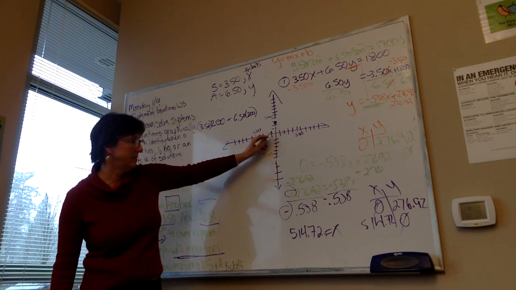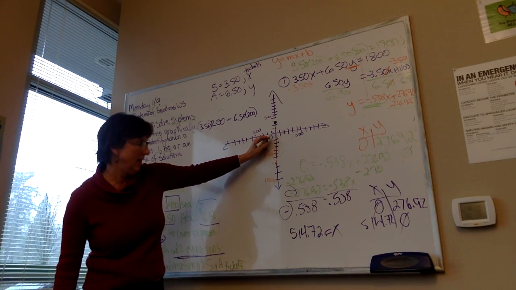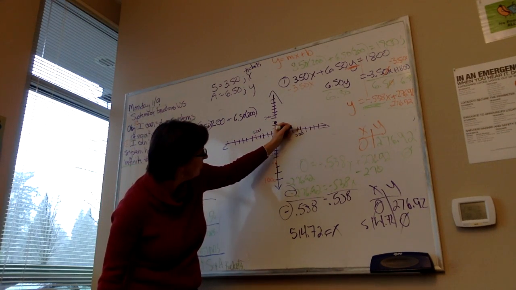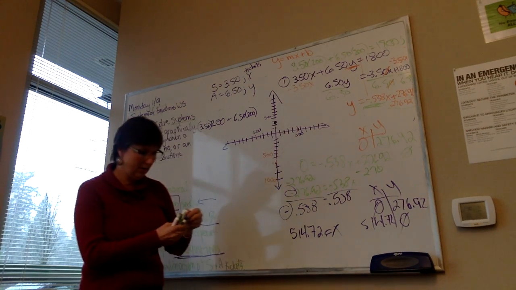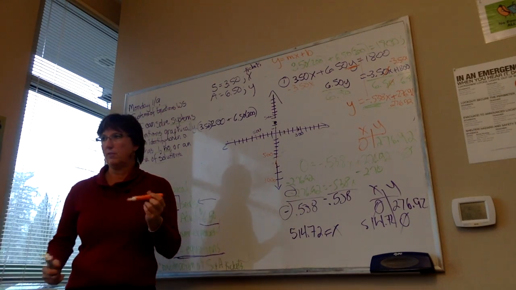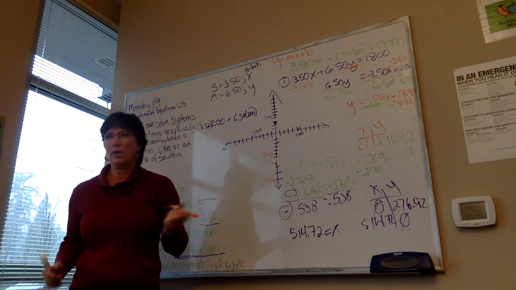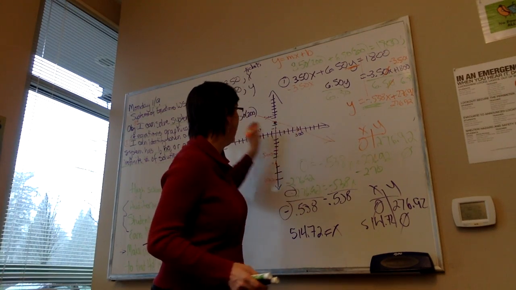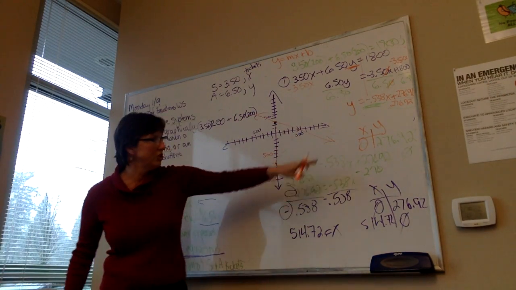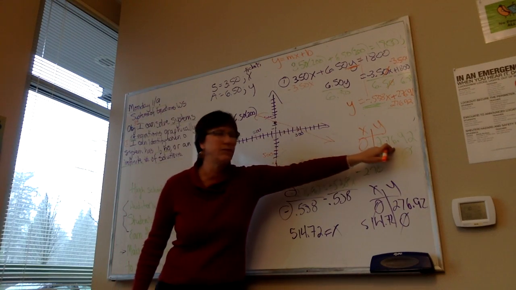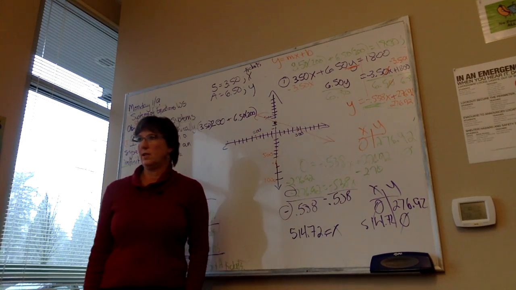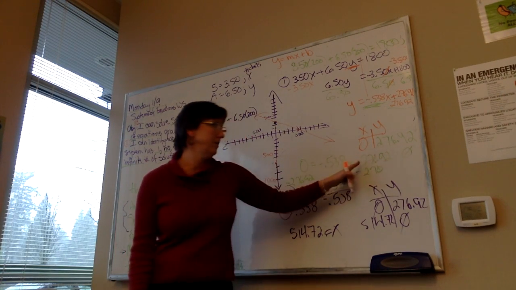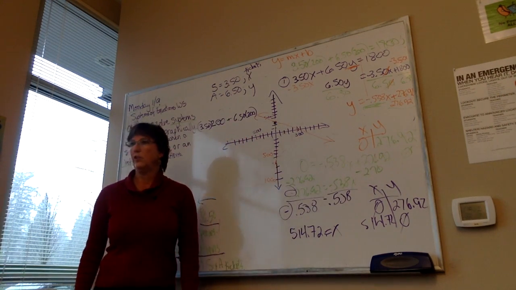And when x is 514.74, y is going to be 0. That's about there. And I can draw my line. Does everyone see what I did? And why? I am substituting a value for x so I figure out what y is. I substituted a number in for y to find out what x is. You can do that.